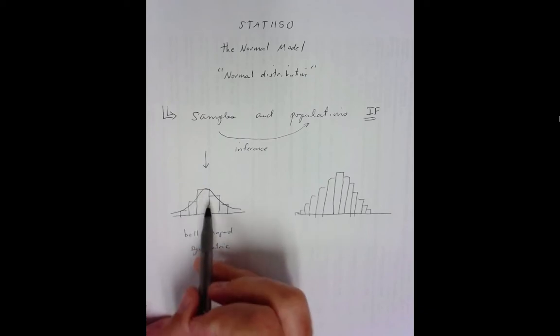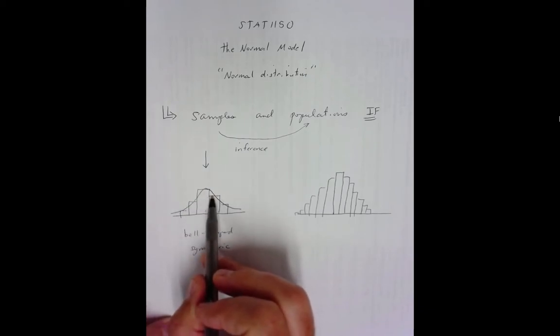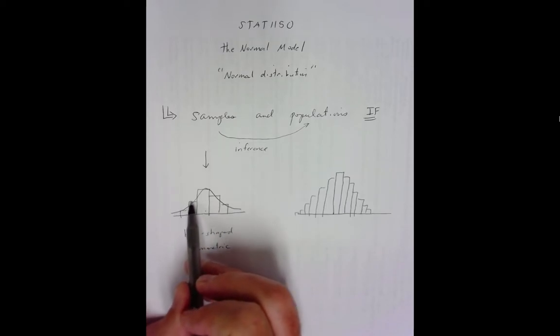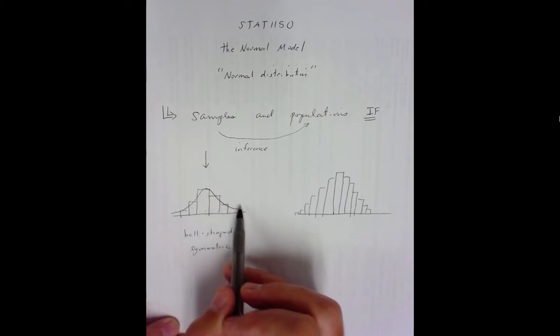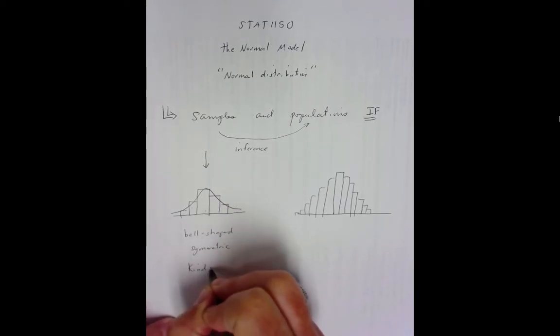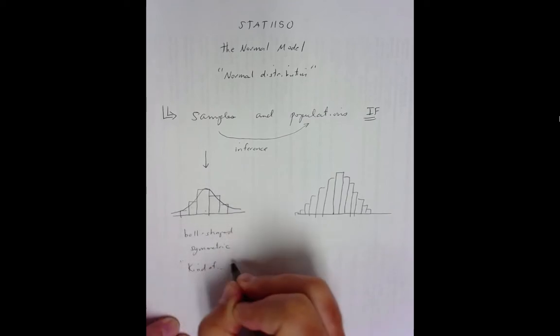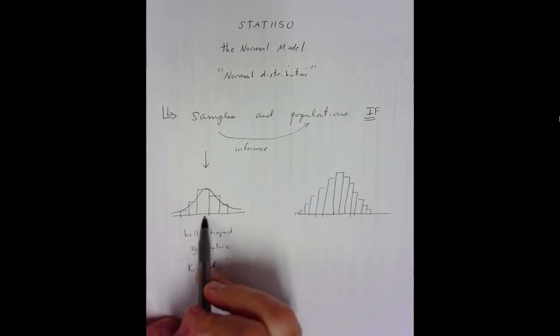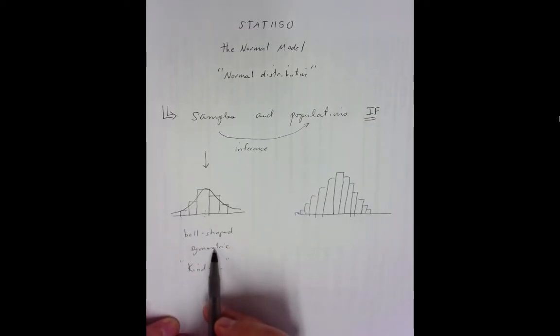Now over here I did this intentionally, this bar is higher than this bar, so we don't have symmetry. But we do kind of have a bell-shaped and symmetric distribution. It's not perfectly bell-shaped, it's not perfectly symmetric, but it's close enough that we can say it's kind of bell-shaped and symmetric.